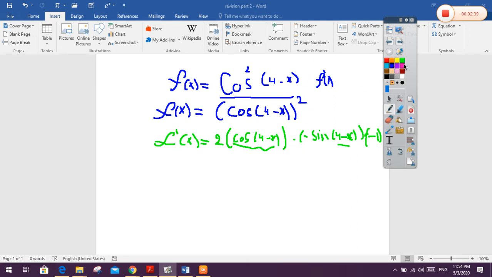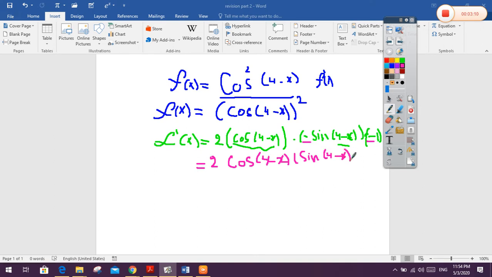Equal what? It will be 2. Look here, 2 multiplied by negative 1 multiplied by negative, it will be 2 cosine of (4 minus x), clear? Multiply sine, because negative multiplied by negative, sine of (4 minus x).